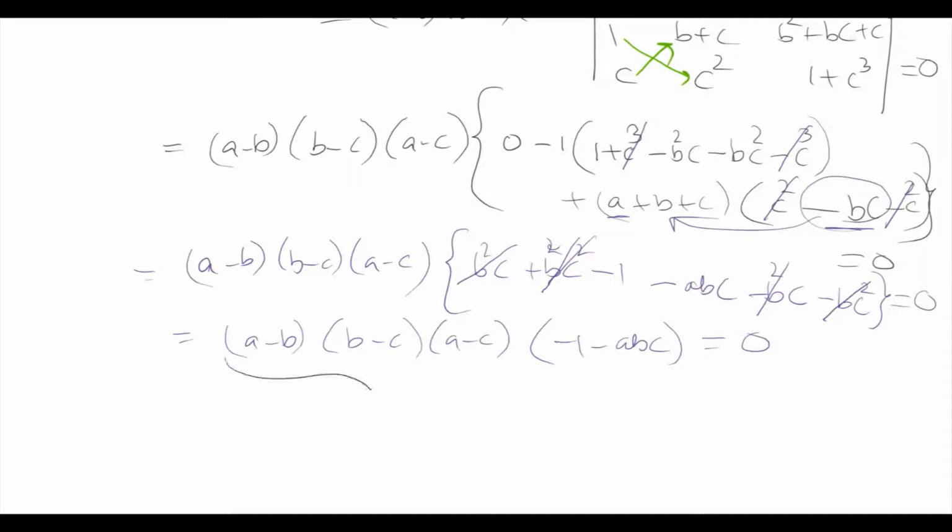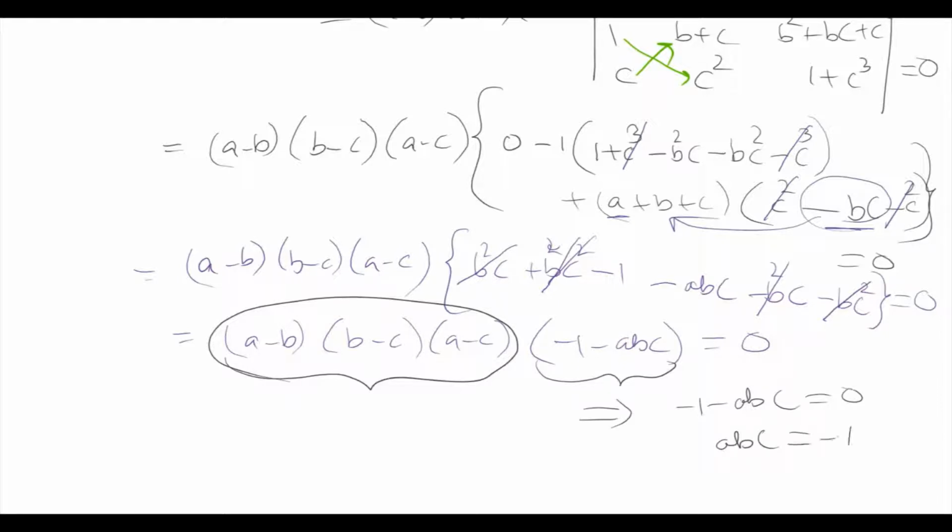Since this part is not equal to 0, this part should be equal to 0. That implies minus 1 minus ABC should be equal to 0 and ABC should be equal to minus 1. This is the required proof.